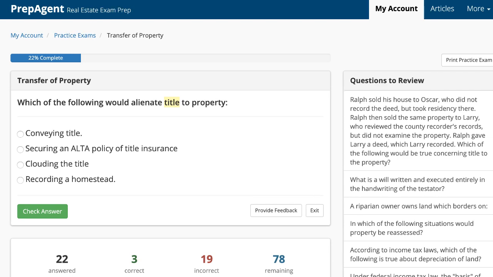Okay, which of the following would alienate title to property? A, conveying title. B, securing an altered policy of title insurance. C, clouding the title. D, recording a homestead.